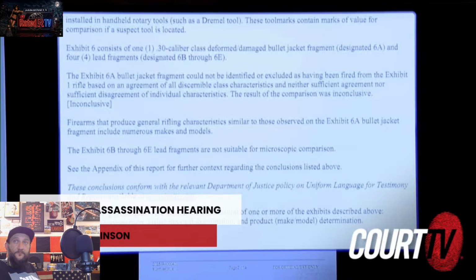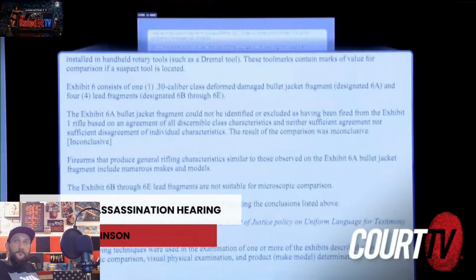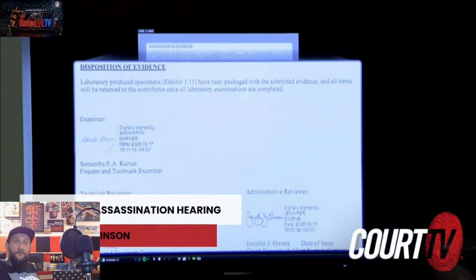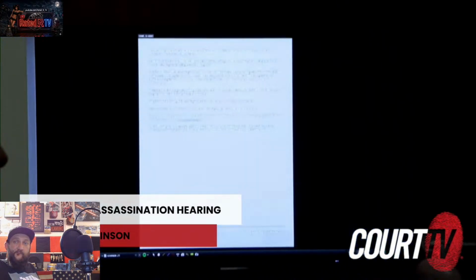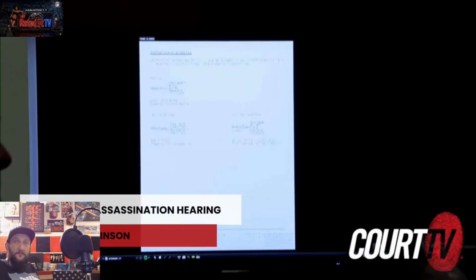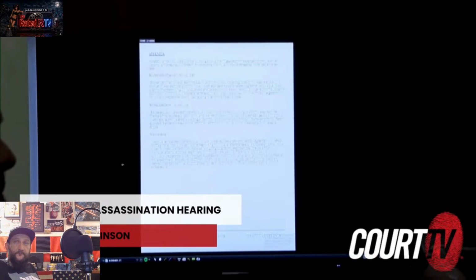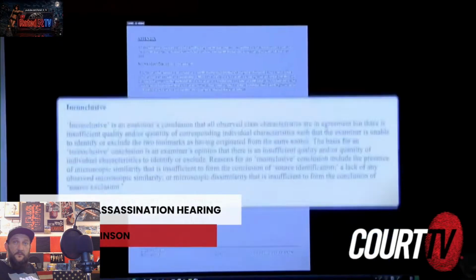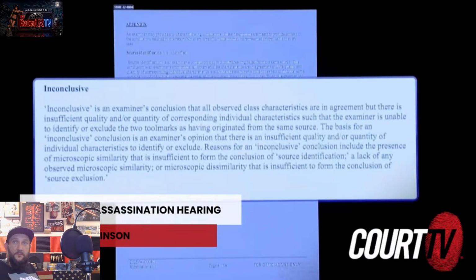Yes. And two pages in, you have an appendix, do you not, where you explain what inconclusive means? I'm unclear on what inconclusive means.